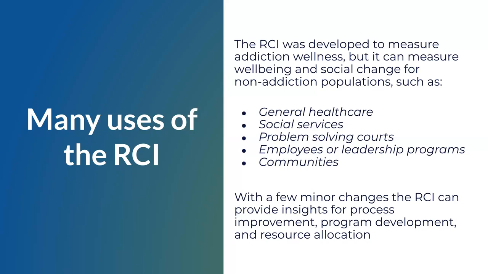We could talk about employees and leadership programs for performance. Leader performance is really contingent upon our own personal well-being. So there's implications there. Of course, we just talked about communities and the social determinants of communities.